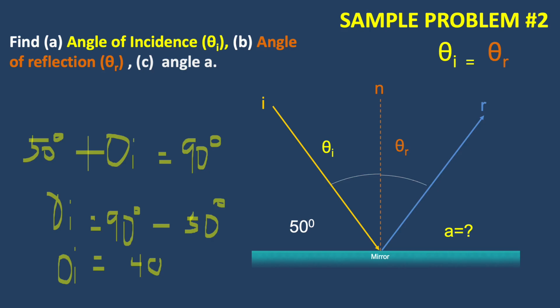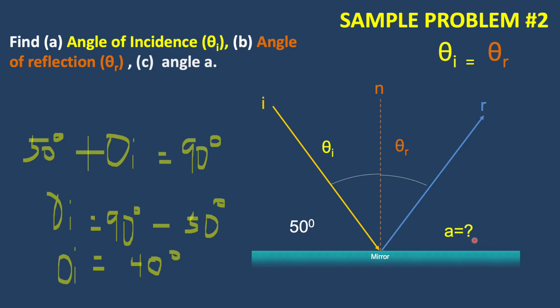Again, the value of our angle of incidence is 40 degrees. Now, what do you think is the value of our angle of reflection? The value of our angle of reflection is also 40 degrees because in the law of reflection, it is stated that the angle of incidence is equal to the angle of reflection.